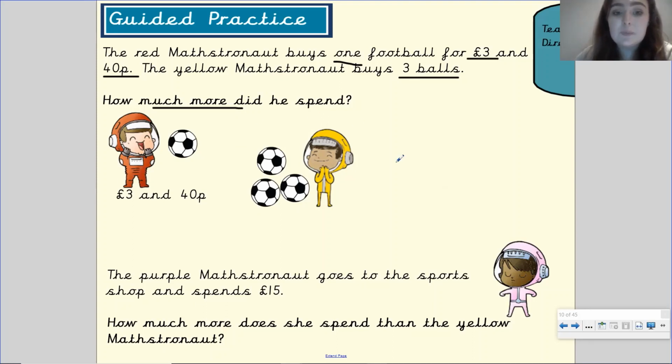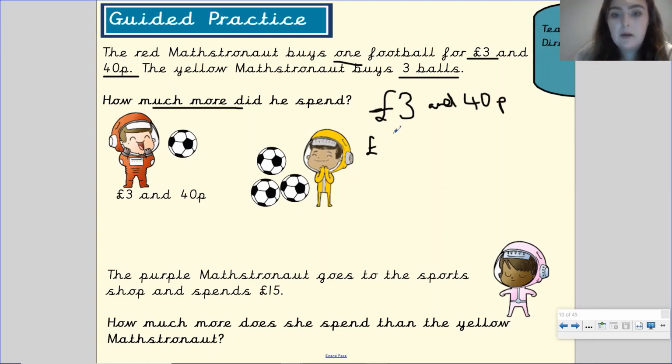Well done. So we need to work out how much money the yellow astronaut has spent first. We know that one football is worth £3 and 40 pence. So we need to work out what 3 footballs would be worth. And to do this, we would add them together. So we would do some repeated addition. So we'll have £3 and 40 pence.